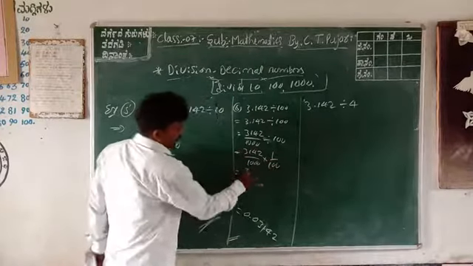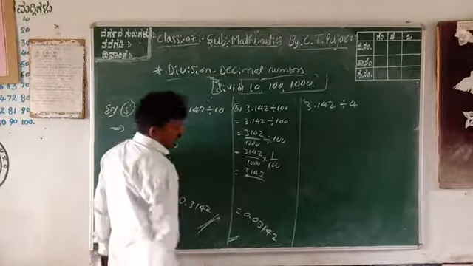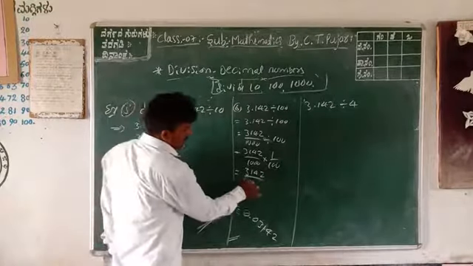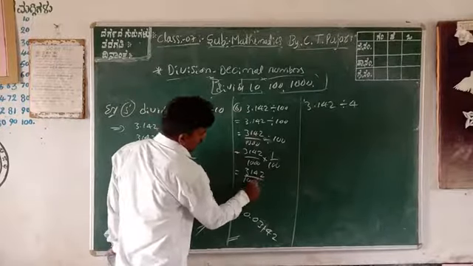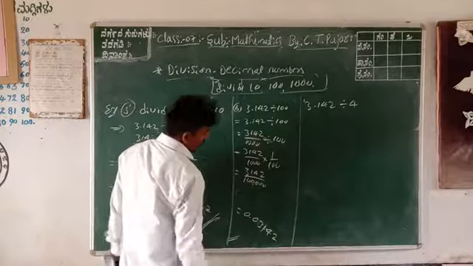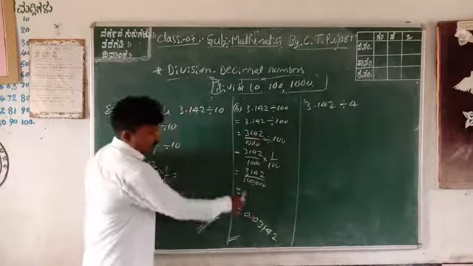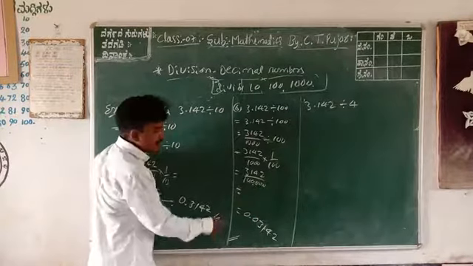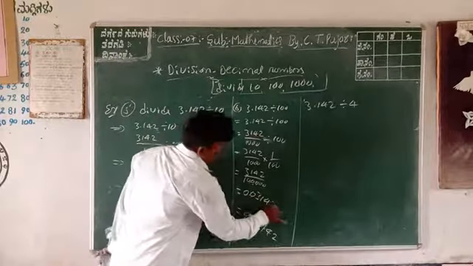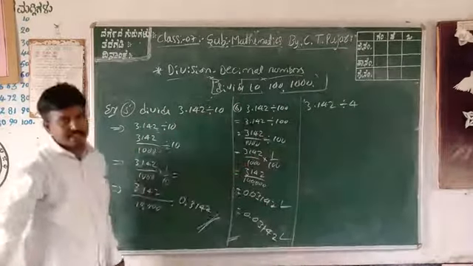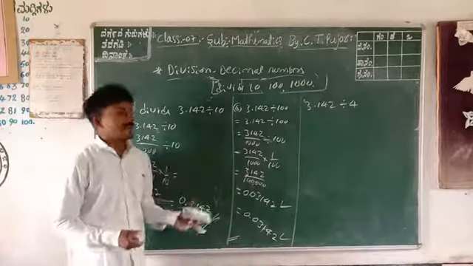Next, 3142 divided by 100,000, which is 1 lakh. Got it? Next, what is the answer? The denominator has 5 zeros, so you take 0.03142. Your answer is right. This is your division of decimals.